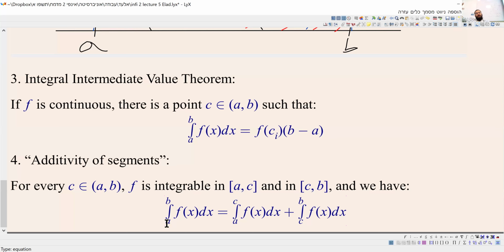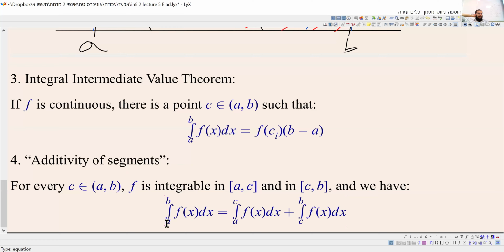On the other hand, one can think of the integral from a point to itself, from a to a, as zero, because the area underneath a single point is zero. But we will write it as a definition or as a property of the integral in our next lecture.